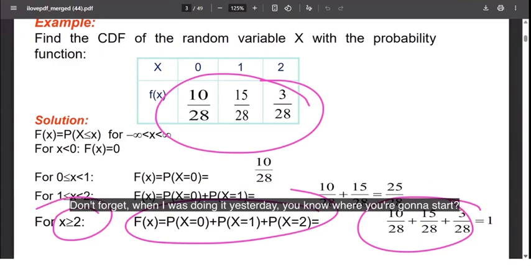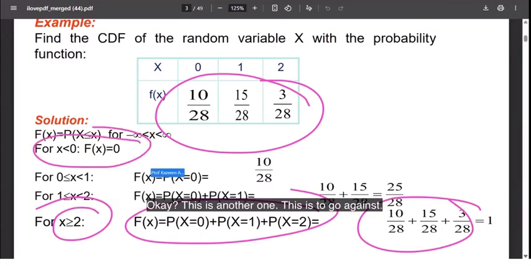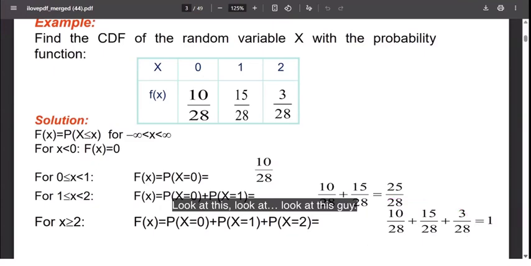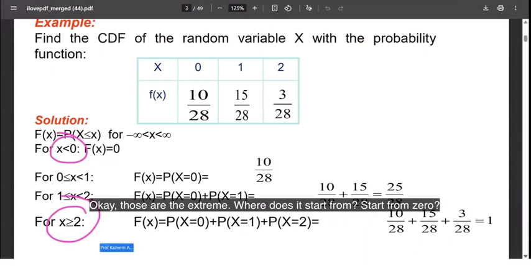Don't forget, when I was doing it yesterday, you know where you're going to start? There's always going to be an extreme value, 0, 1, right? We got a 1 right now. Okay, this is another 1. I want you to take a look at these two things. Look at this one. If you look at this one and this one, those are the extremes.